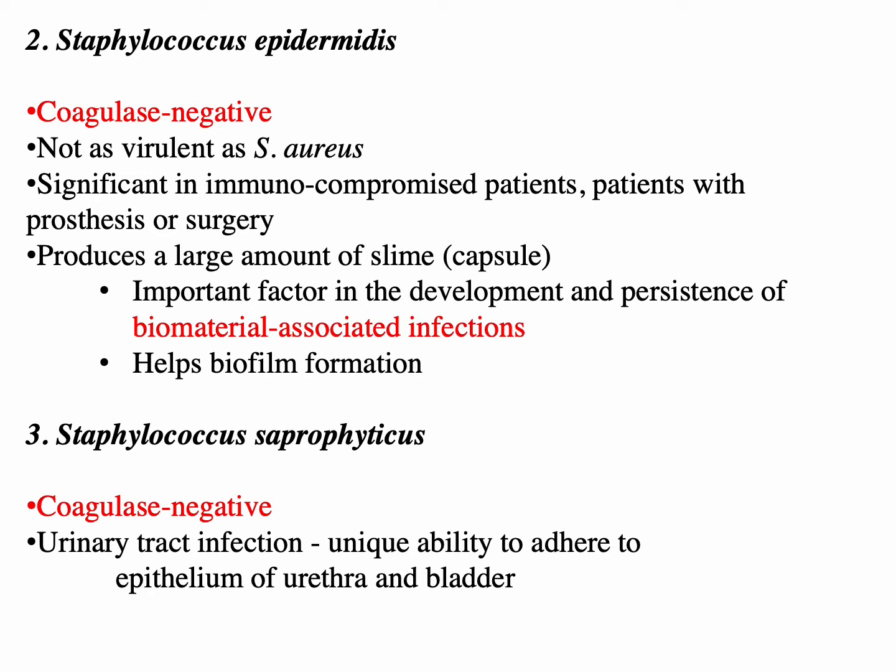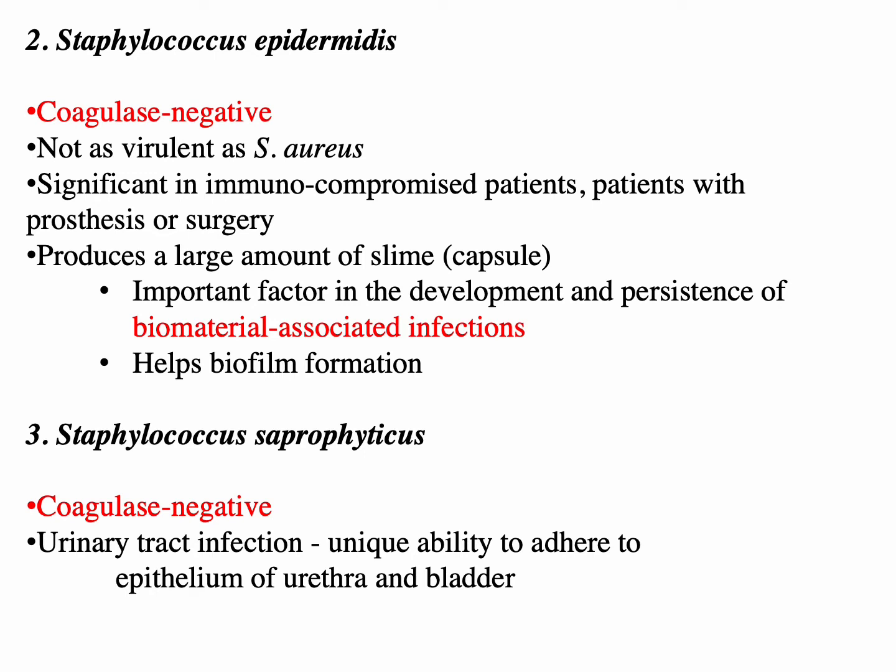Generally, this organism is not as virulent as Staph aureus, but it is quite significant in immune-compromised patients, especially patients with a prosthetic device, like a tubing going into the bladder or into other parts of the body, or in surgery.